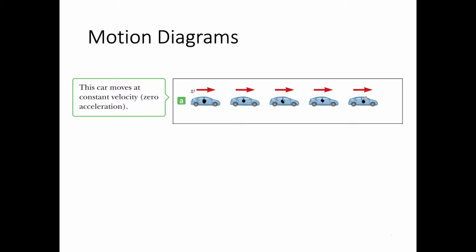Now for this one, this is the motion diagram, and each snapshot is taken at a fixed time interval. So if the distance for each snapshot is the same, apparently the average velocity would be the same. This is a constant velocity motion.